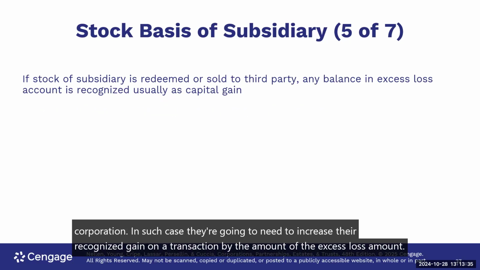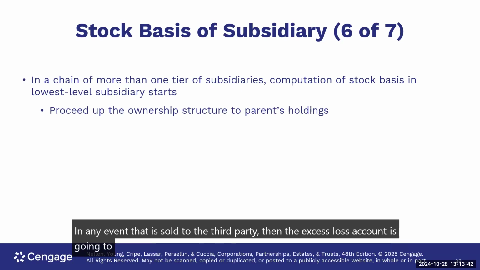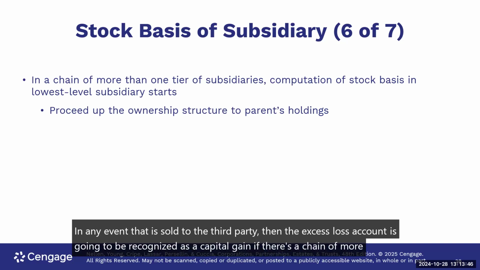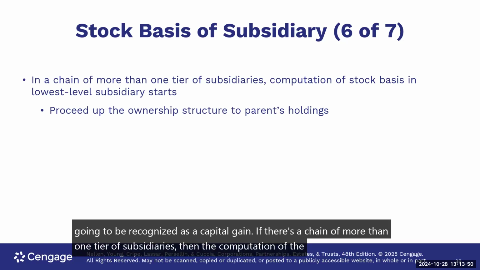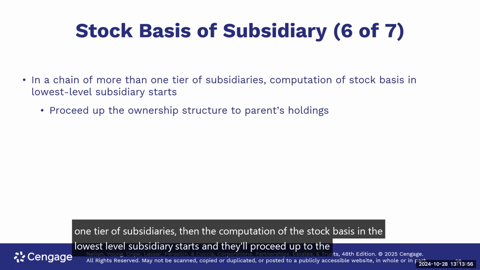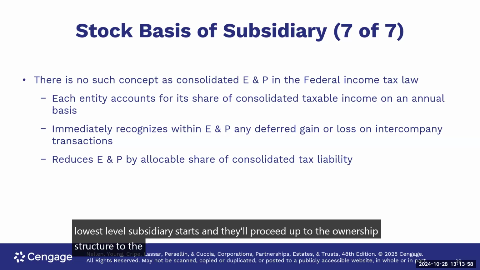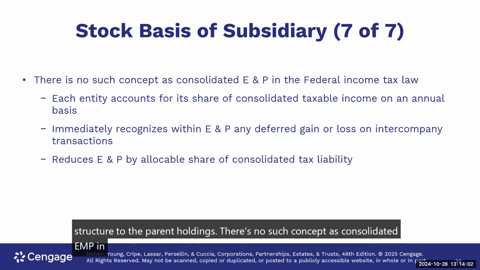And in the event that it's sold to a third party, then the excess loss account is going to be recognized as a capital gain. If there's a chain of more than one tier of subsidiaries, then the computation of the stock basis starts at the lowest level subsidiary and proceeds up the ownership structure to the parent holdings. There's no such concept as consolidated E&P in the federal income tax law.